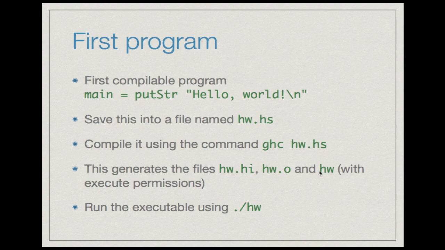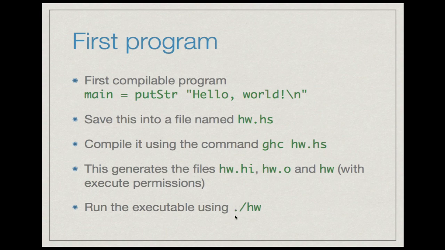If you see this on a Unix terminal, you will see that the permissions for these two are read write, but hw has execute permissions, or in other words 755. We can run the executable using ./hw.